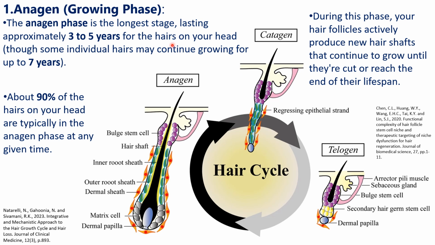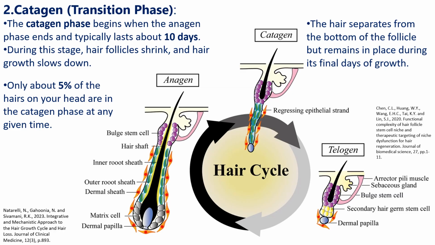The result is you get a hair shaft elongation. The hair actually grows, and it'll grow for a long time. You know, you've got this 3 to 5 years for the hair to grow on your head, and most of your hair on your head is typically in this phase. And I'm going to move now to the next slide.